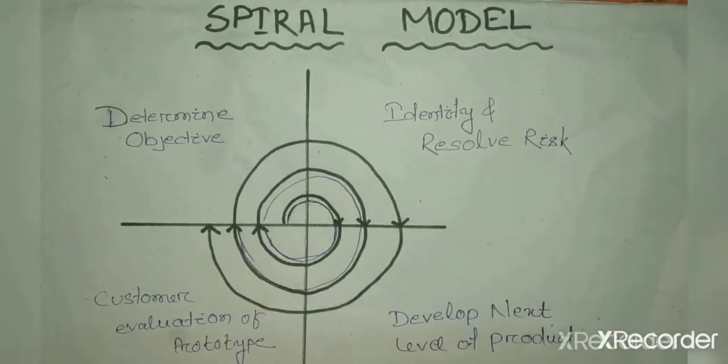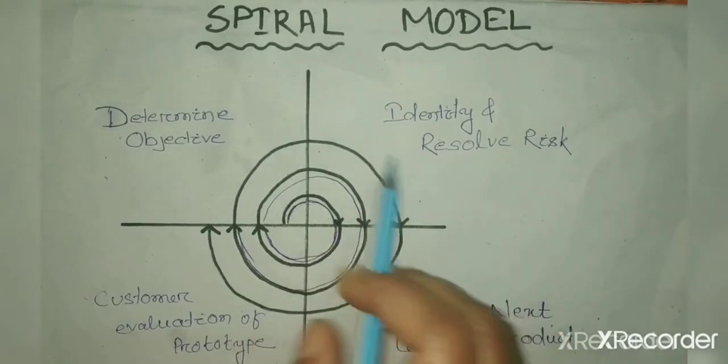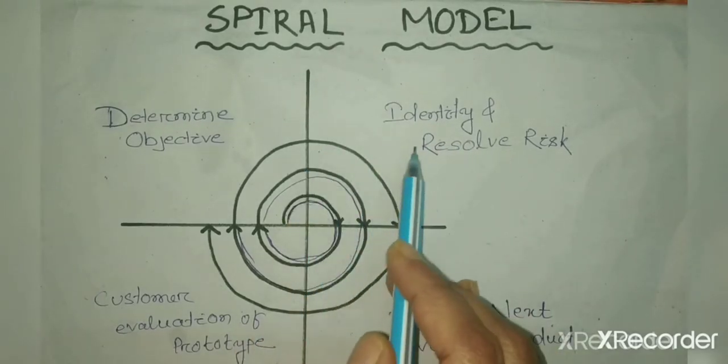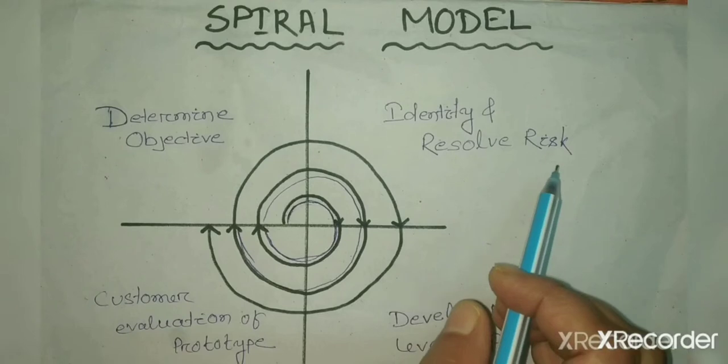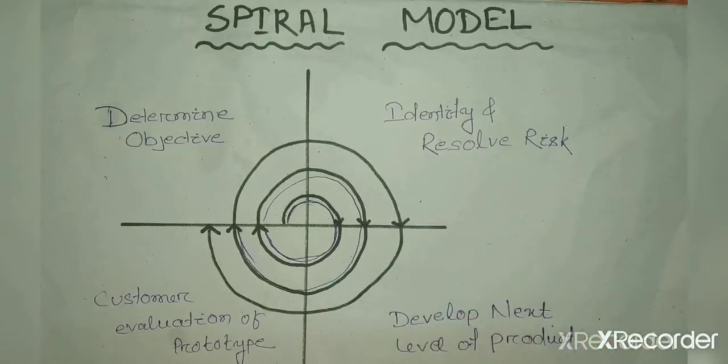Next, the second quadrant is identify and resolve risk. It means identifying what the risks associated with each solution are, and what the strategy is to resolve the risk.